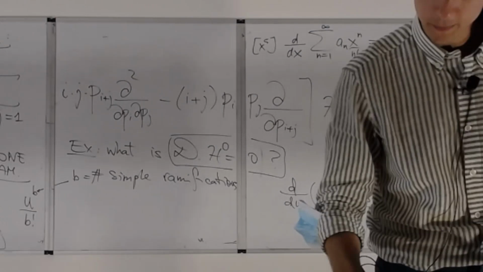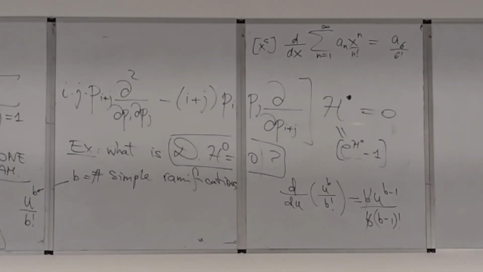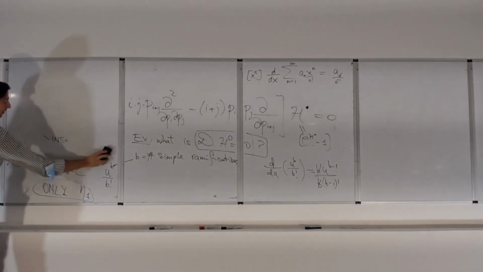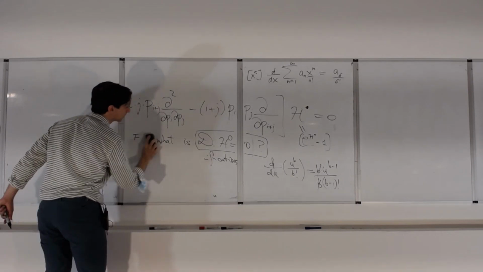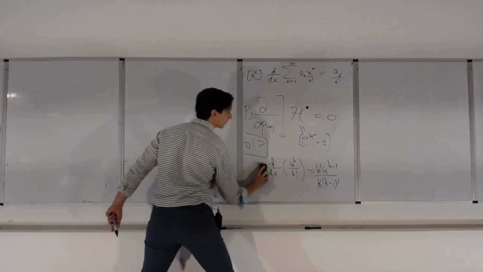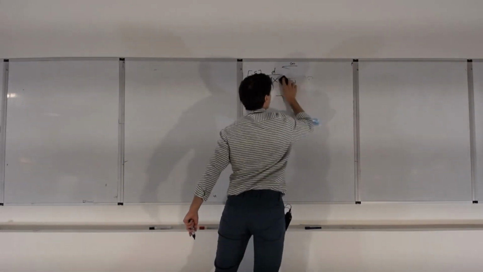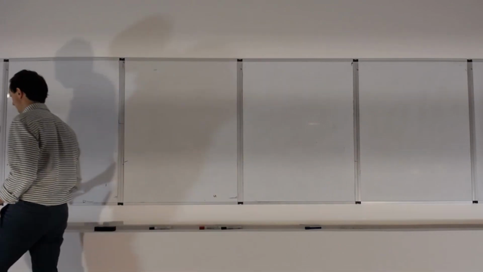So I'm out of time. I should go to topological recursion. If you want, I can point you at some paper where everything is written clearly.